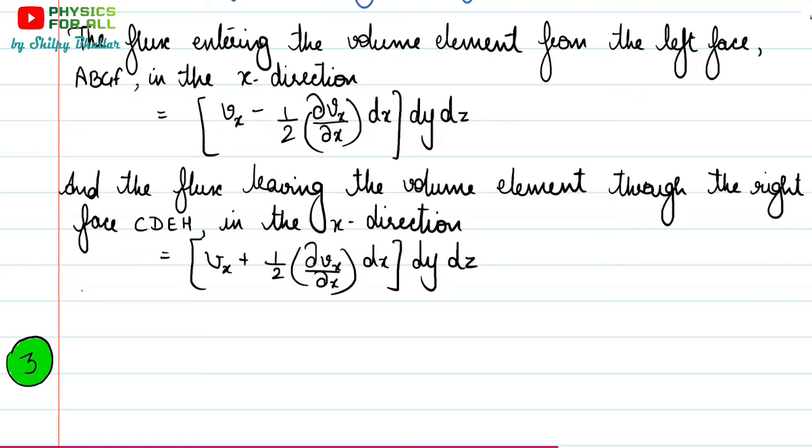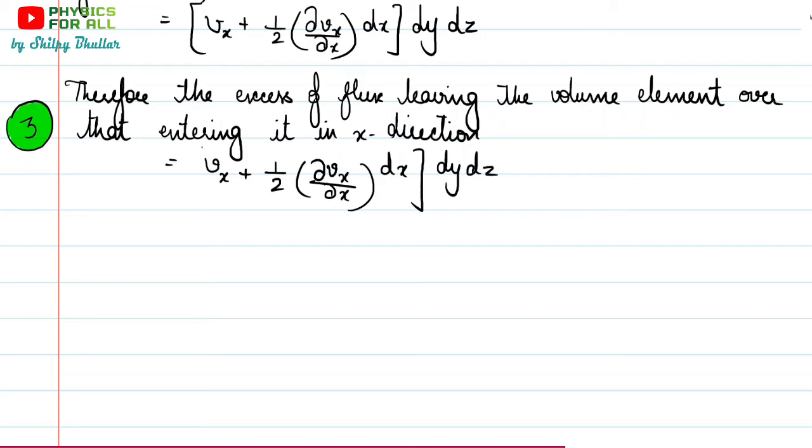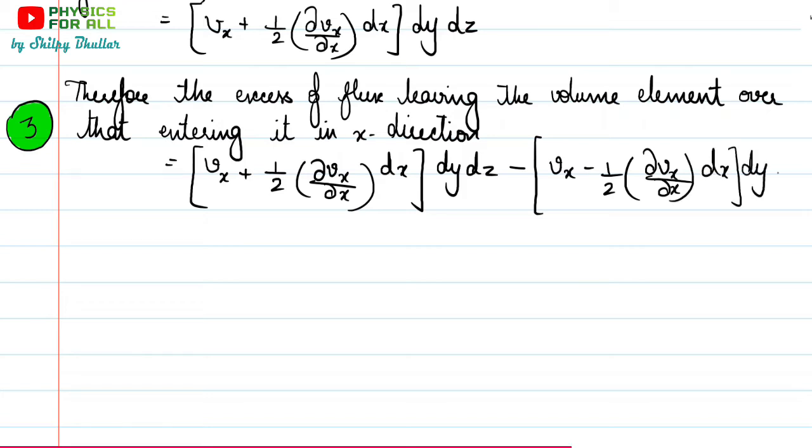So let's find that. We can write Vx plus half ∂Vx/∂x dx, and then we have this dy dz, minus Vx minus half ∂Vx/∂x dx, and again there is dy dz.